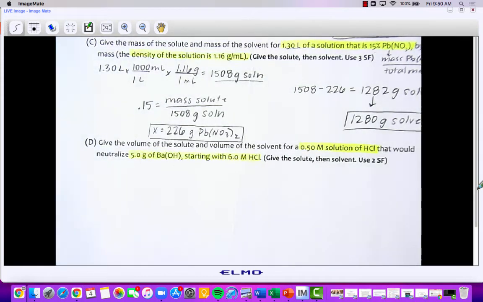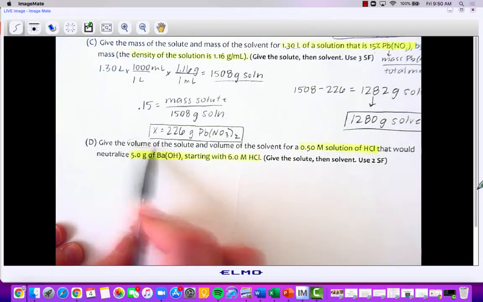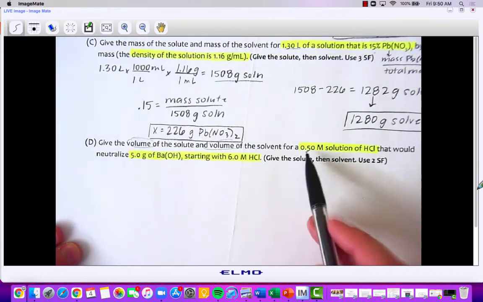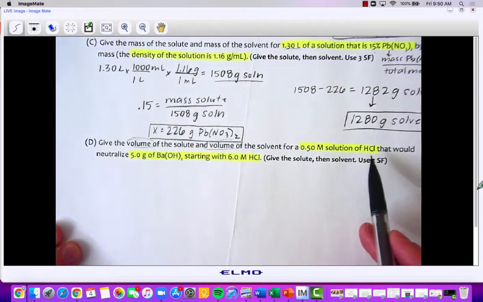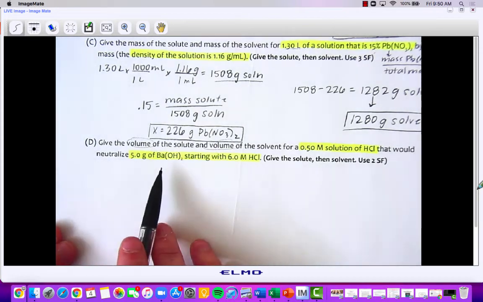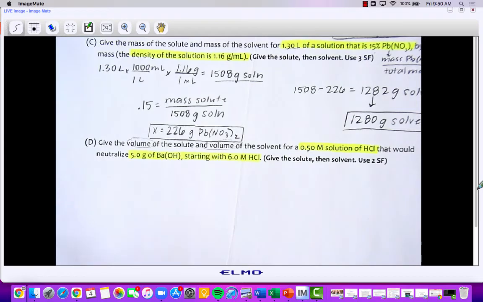So finally, part D, give the volume of the solute and volume of the solvent. So both of our answers are going to be in volumes. For a 0.50 molar solution of HCl, that would neutralize 5 grams of barium hydroxide starting with 6 molar HCl.